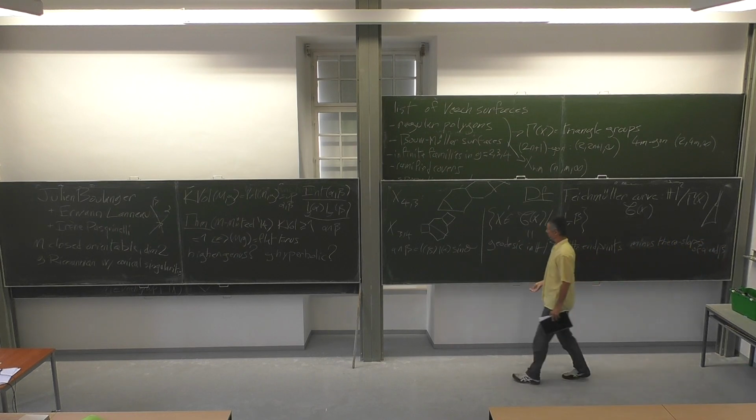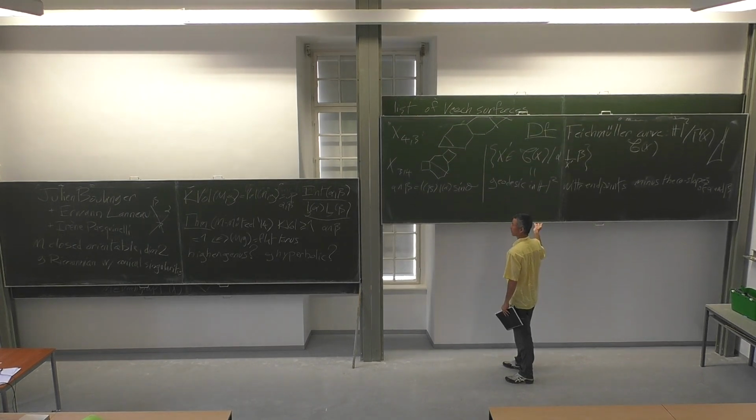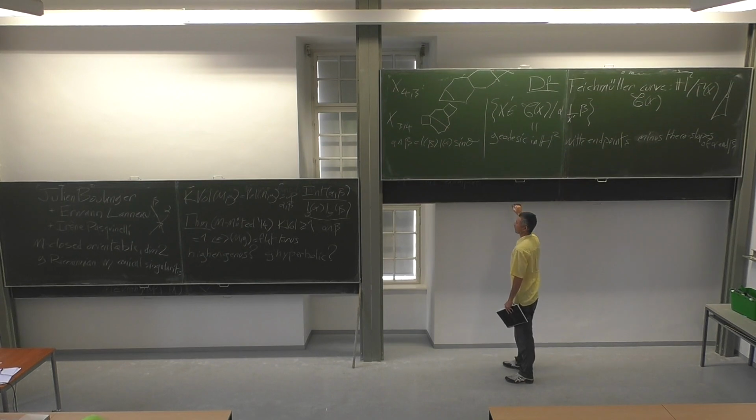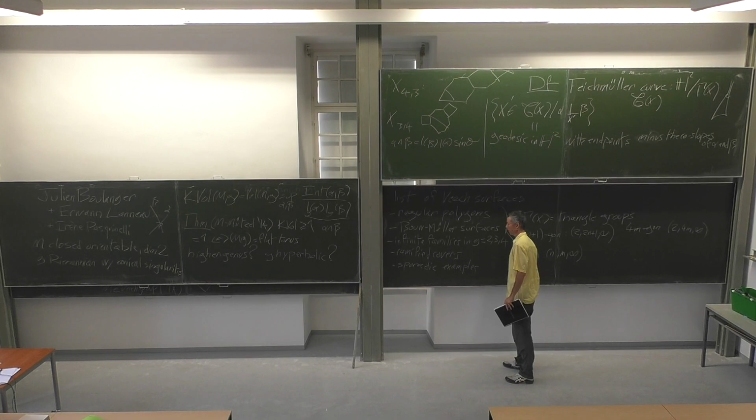Example: you take the flat torus, and as your homotopy classes alpha and beta you take the sides of the square.